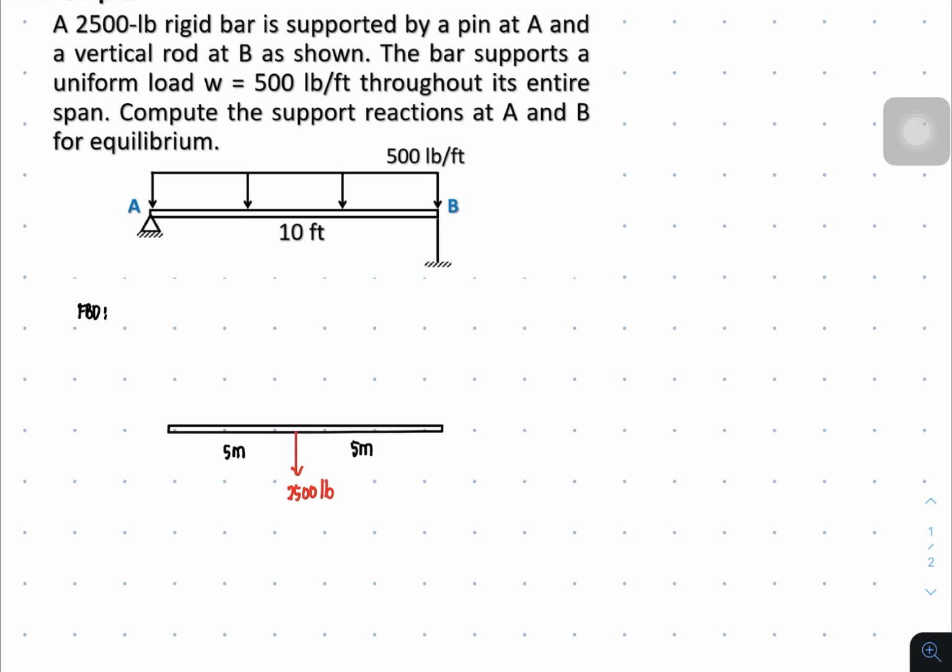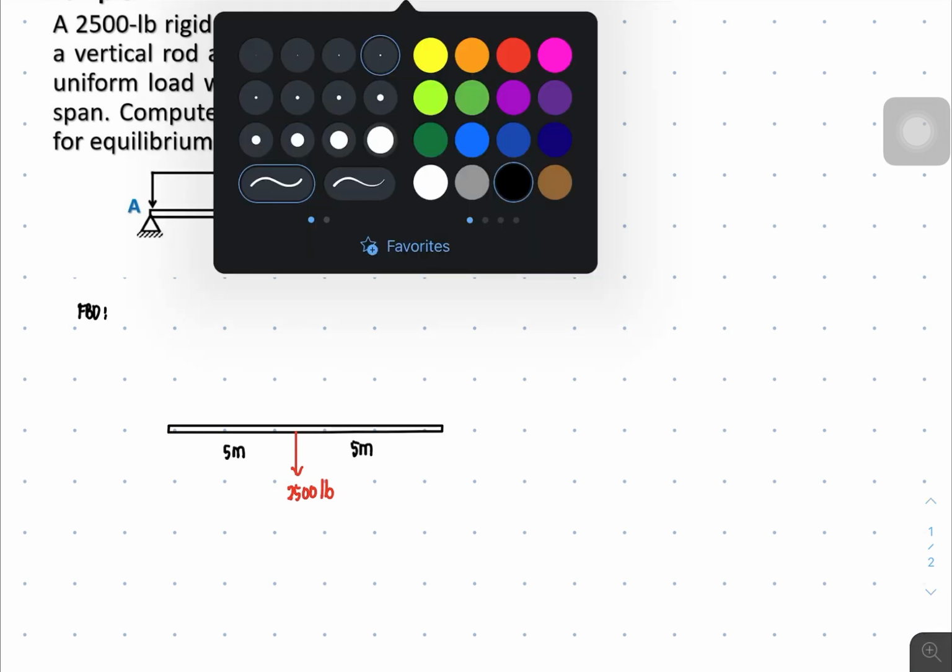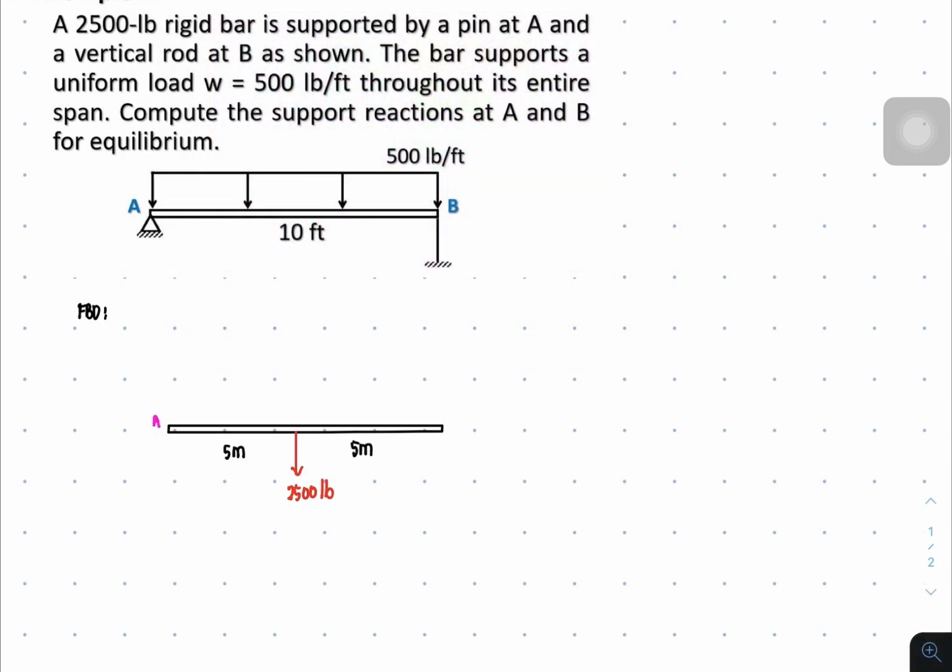So this is our point A and this is our point B. As you can see, I'm not writing the supports anymore, but rather I am supplying the translated weight for every load, including its weight.